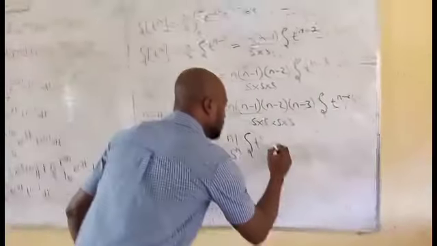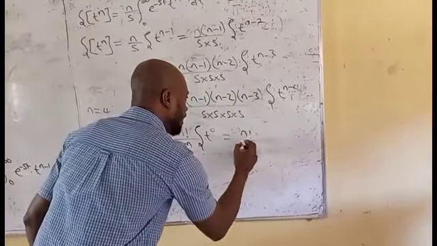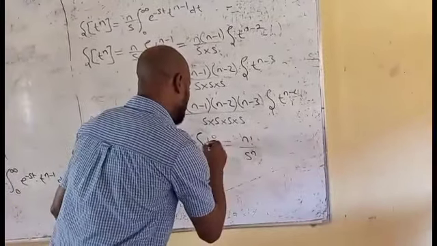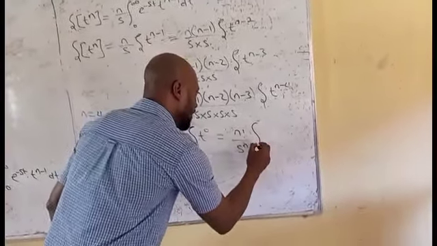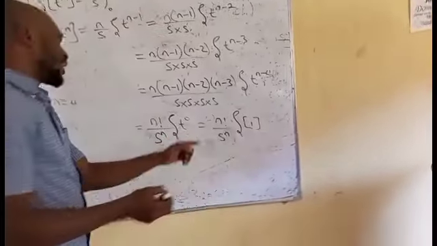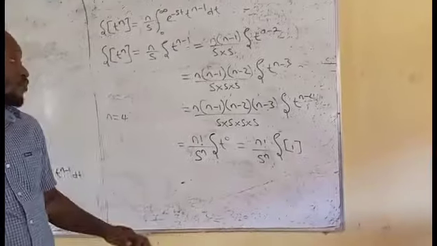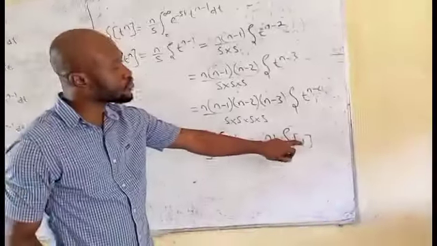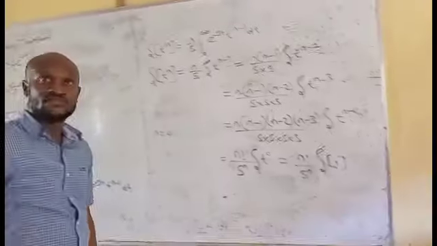So it will now be the Laplace transformation of 1, knowing that t raised to the power of 0 is 1. And the Laplace transformation of 1 will give you 1 over s.